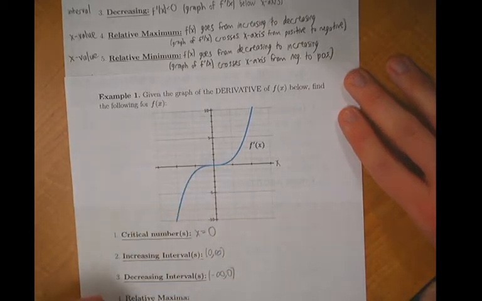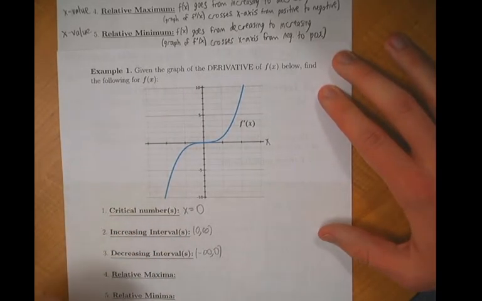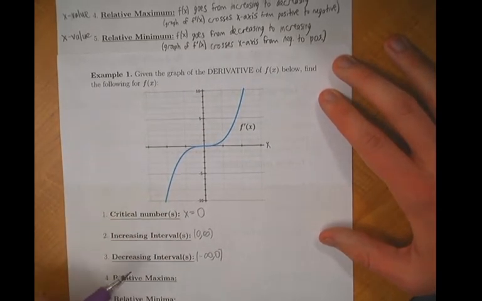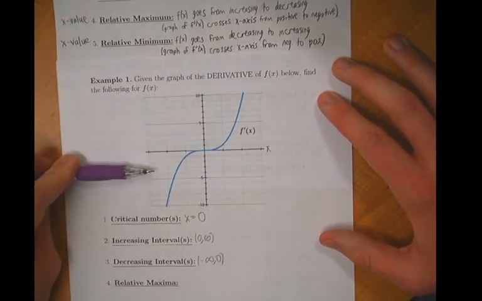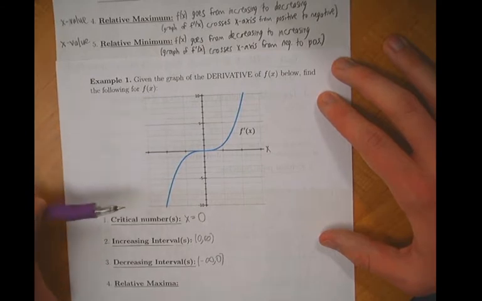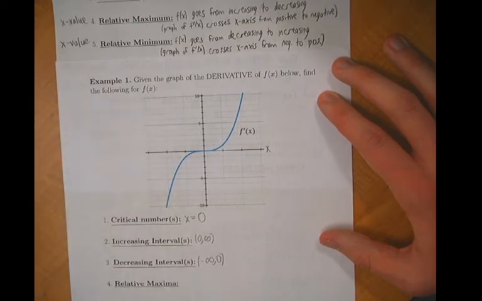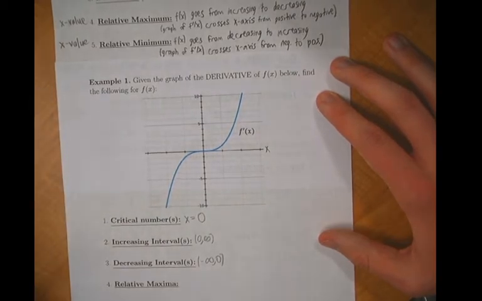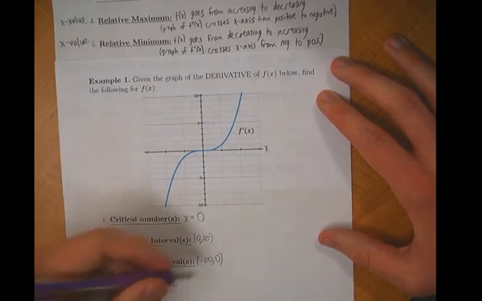In light of that, what would that tell you about the number of relative maxima? Let's start with the maximum. Is there any point where the graph of f prime crosses from positive to negative? No, right? So nothing here.